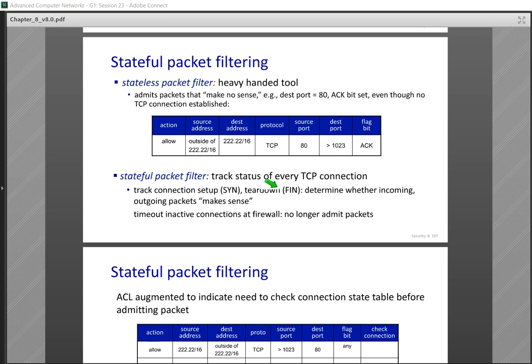In the first case, we say that, okay, this is a packet, just check the packet, and if it's true, send it. But now we say that, okay, check this packet, but check its correlation too.